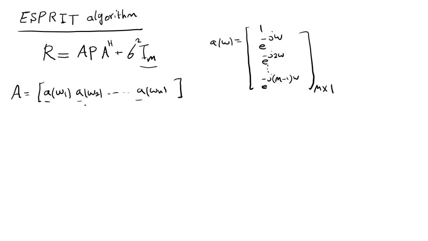Omega 1, omega 2, and omega n are frequencies. They are unknown and must be estimated.